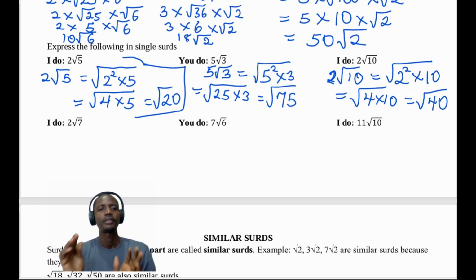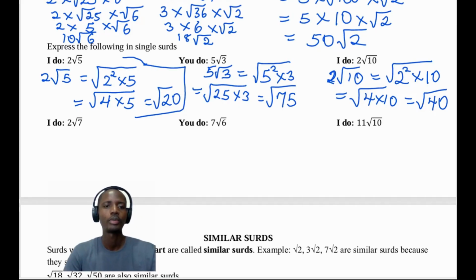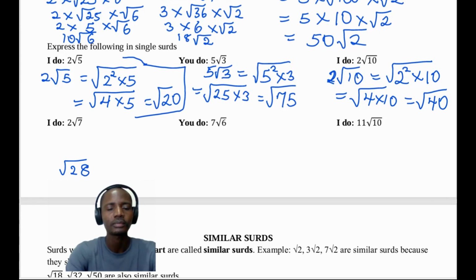So I want to believe you found this very easy to do. So you should be able to attempt 2 root 7 and 7 root 6. So as not to make this video so long, I would advise you attempt this, but you should have root 28 as your answer, if you've done this properly.